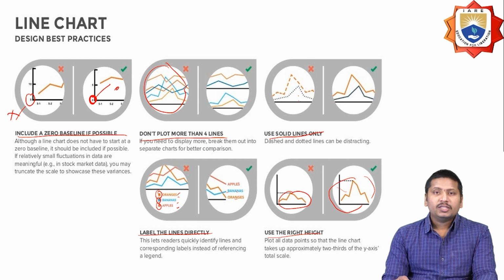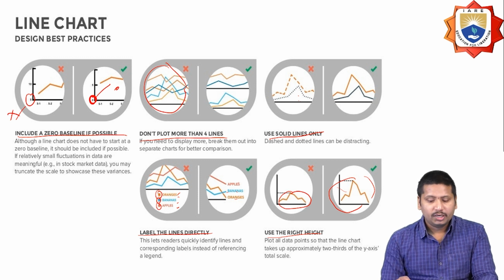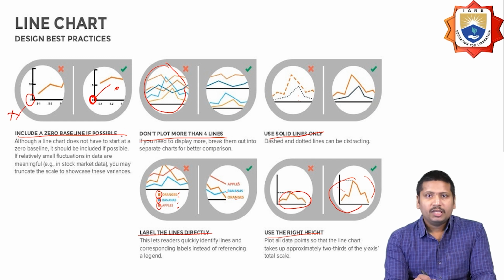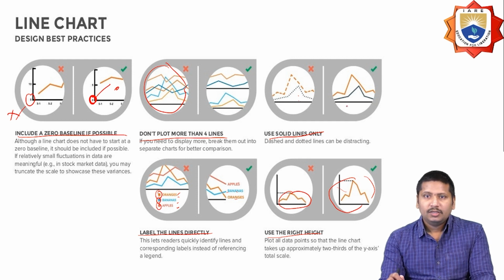These are some of the design practices we have to follow in a line chart: include a zero in the baseline if possible, don't plot more than 4 lines, use solid lines, label the lines directly, and use the right height.